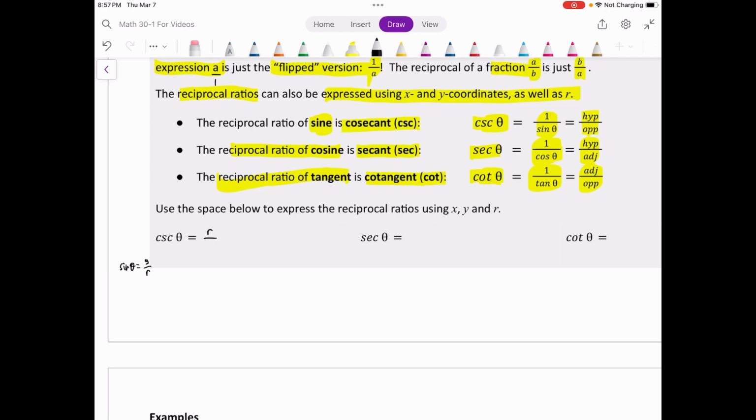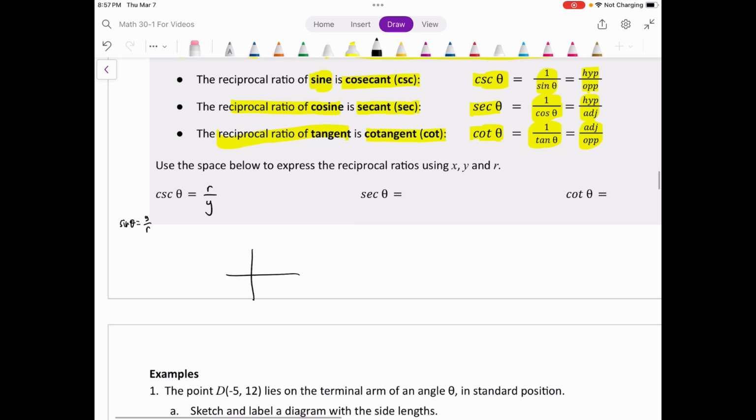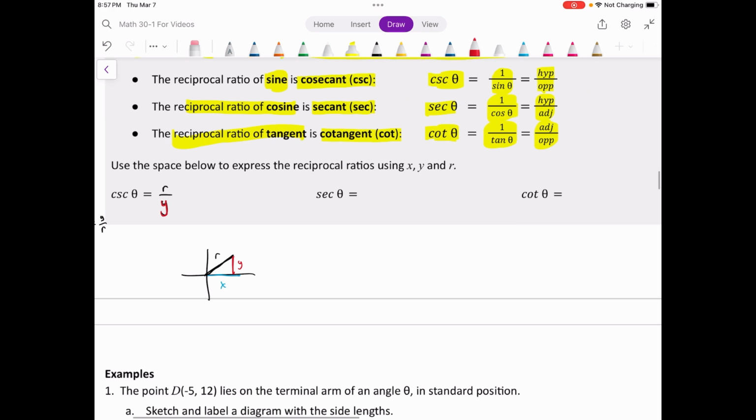So what will cosecant theta be? It'll be r over y, right? Hypotenuse over y. Here, let's just draw a little reference triangle to think about. Okay, we got our y, our x, and our r, opposite, adjacent, hypotenuse. Okay, so cosecant theta is r over y. Secant theta is the reciprocal of cos.